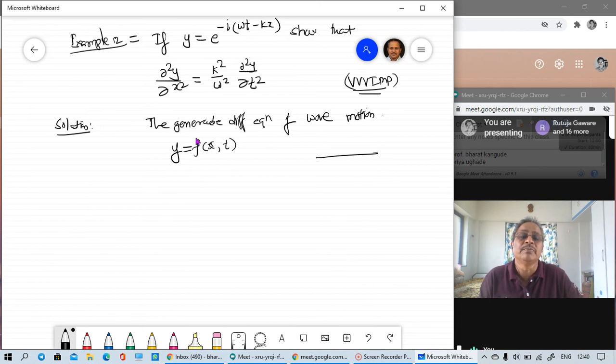So for example, if this is the wave, as time passes, this part is said to be the displacement of the particle. So this y is a function of how far the particle is from the axis, that is x, as well as at what time the particle is here. So as this wave travels, the particle goes down and up like that.